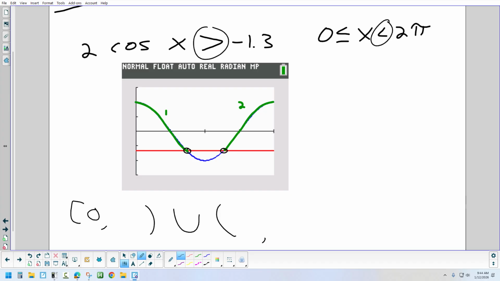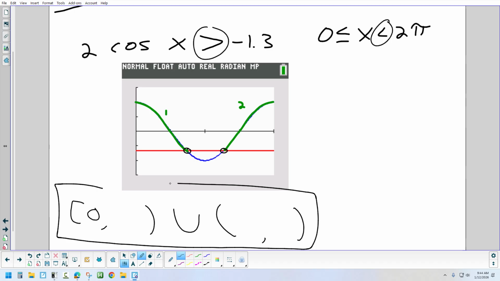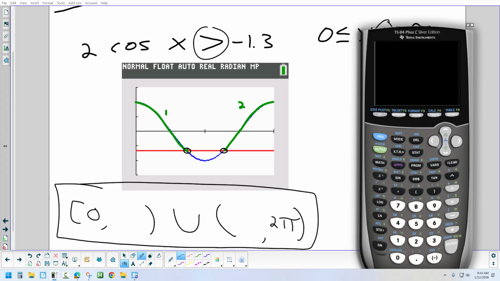You cannot go all the way to the edge of the screen. Okay, so that's kind of the structure of our answer. Now we just have to figure out where does interval 1 end and where does interval 2 start with the intersection points. And that's the same as what we've done before.